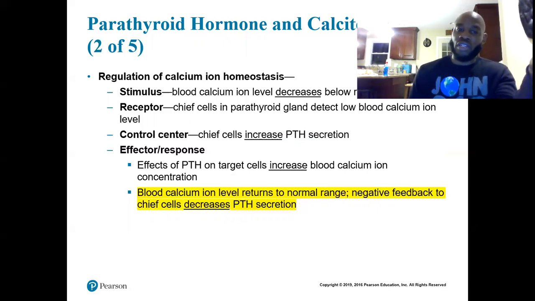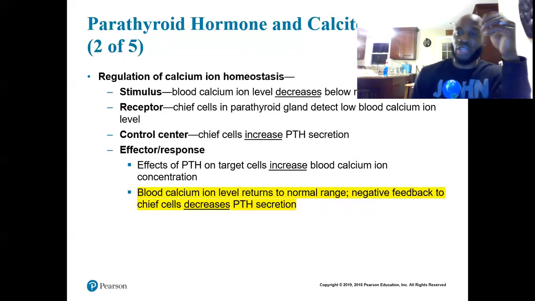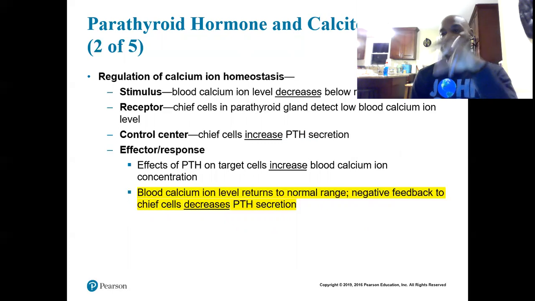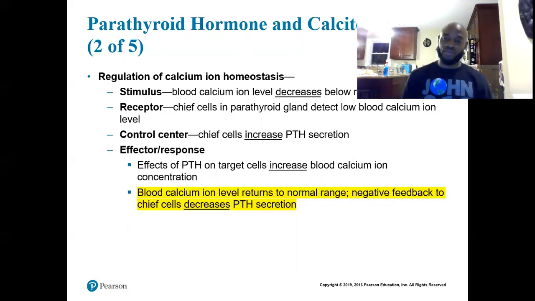Parathyroid hormone affects the different cells that we talked about, the kidneys, the bone, the intestines: bone to release more calcium, your intestines to absorb more calcium, your kidneys to also absorb more calcium so it doesn't get excreted in your urine. Then your calcium ion levels return back to normal, and we stop the secretion of the parathyroid hormone.